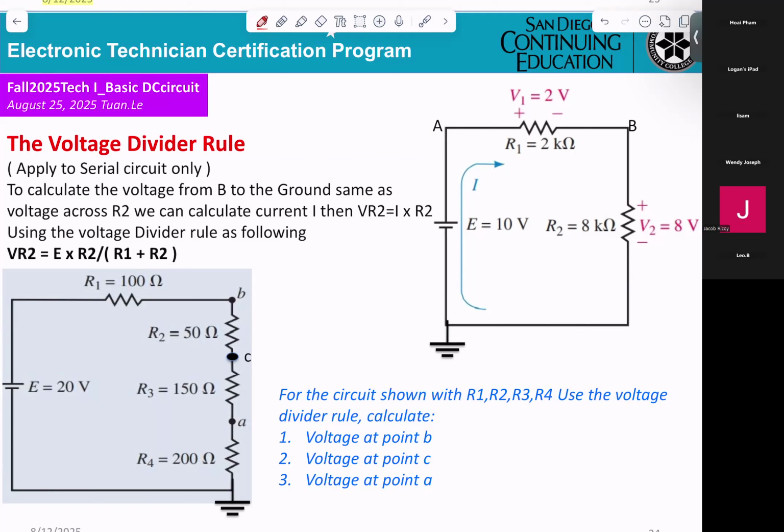Okay. However, for the basic, now they want the voltage at point B, right here. VB, that means from B to the ground.